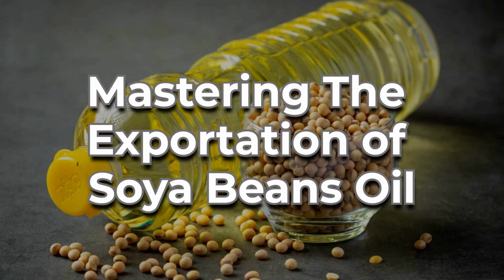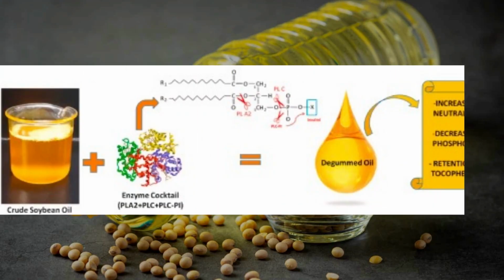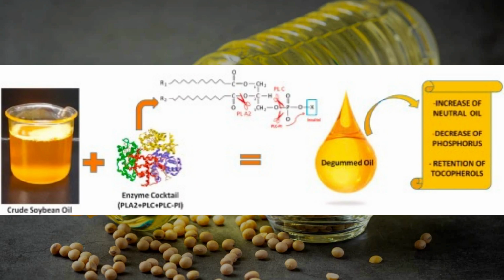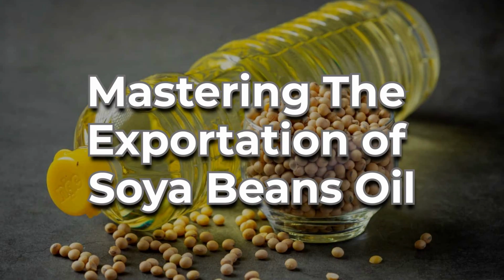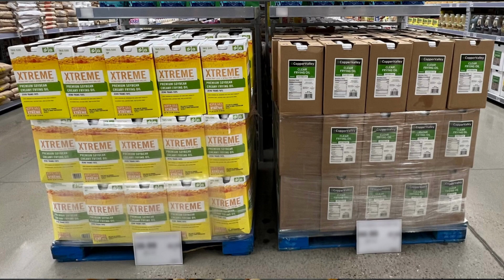Use proper processing techniques, including degumming, neutralization, and deodorization, to reduce acidity. Store soybeans in cool, dry conditions to minimize the risk of acidity.